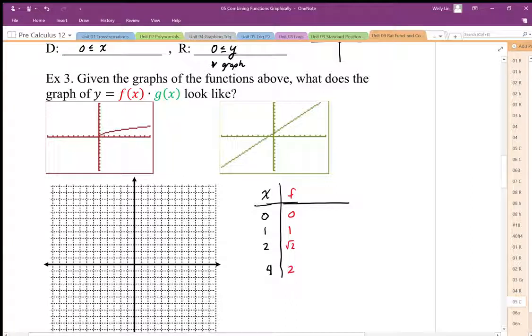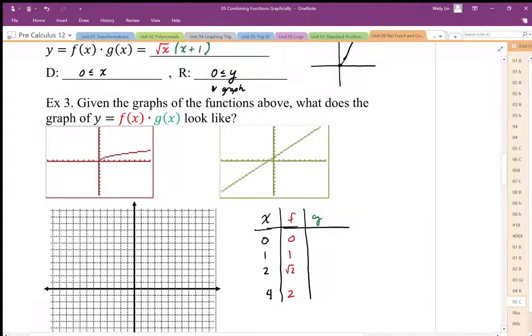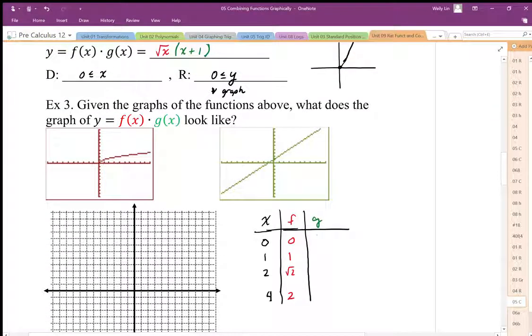Okay, and then I'm also going to put some values in for the g function. So there's my g function. At x equals 0, y equals 1; x equals 1, y equals 2; x equals 2, y is 3; x equals 4, y is 5.